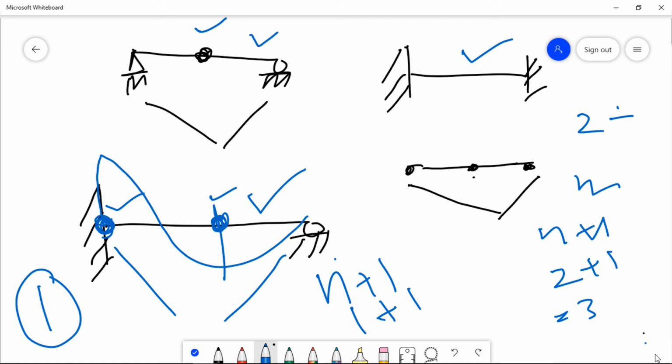The failure mechanism will form if 3 hinges form in the fixed ended beam. If only the left and right hinges form, the beam will still be stable, it will take the load, and it will not go for failure. So 3 hinges are needed for the failure mechanism.